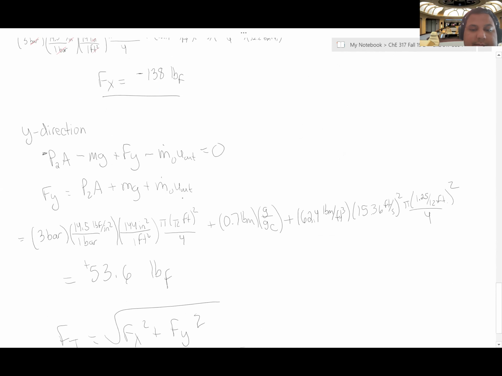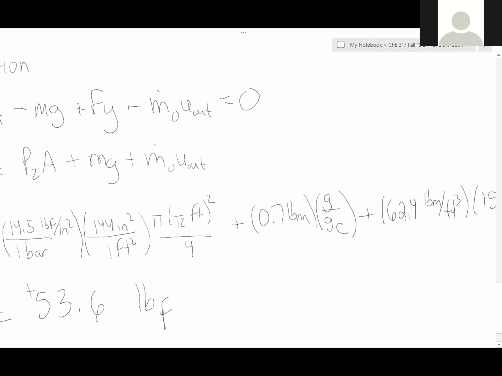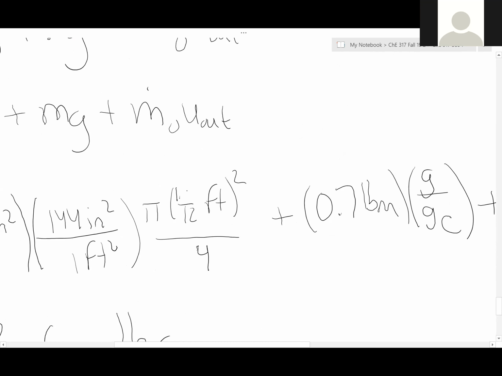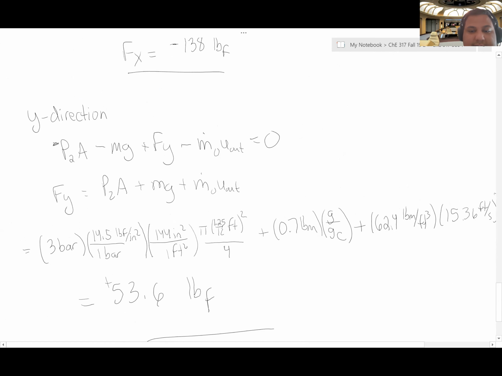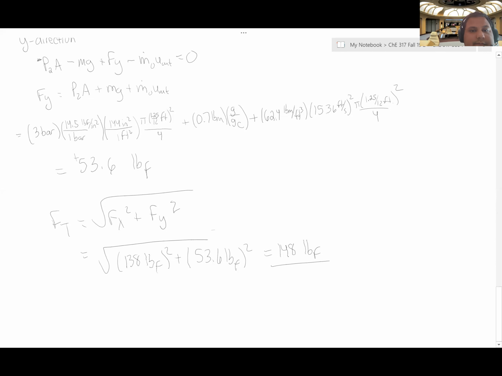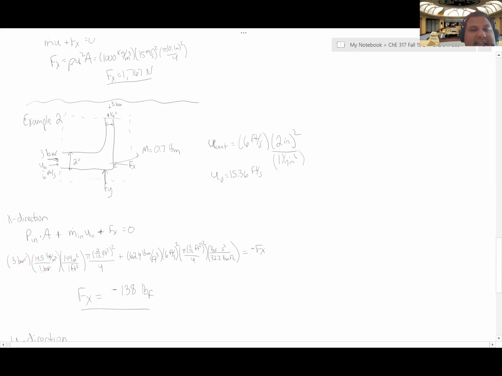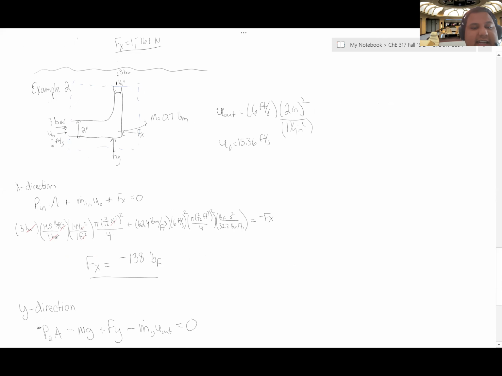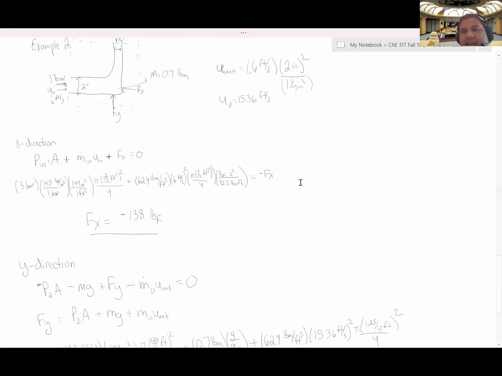Okay. Thank you. That's a quick fix. Thank you for pointing that out. So you just need to break it out into the X and Y direction, identify the key terms, plug in and solve.